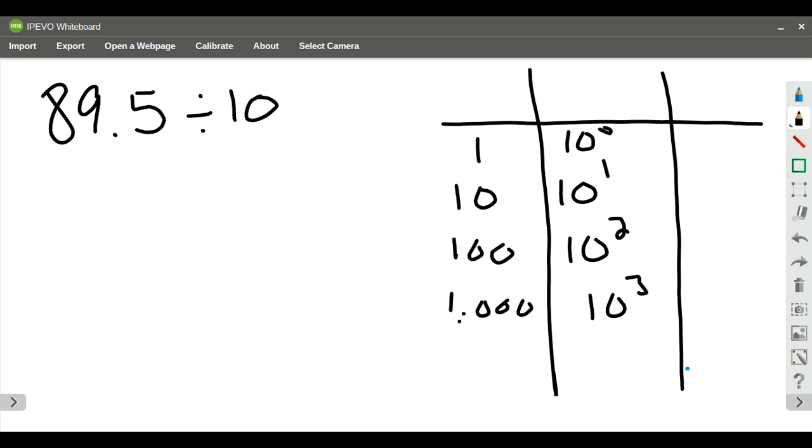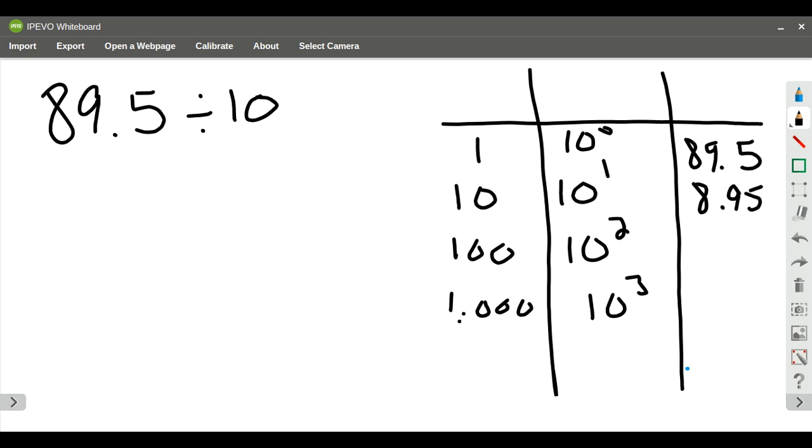If I take 89 and 5 tenths and divide it by 1, so that's 10 to the 0 power, I get 89 and 5 tenths. If I divide 89 and 5 tenths by 10, my decimal is going to move one place to the left and it's going to be 8 and 95 hundredths.